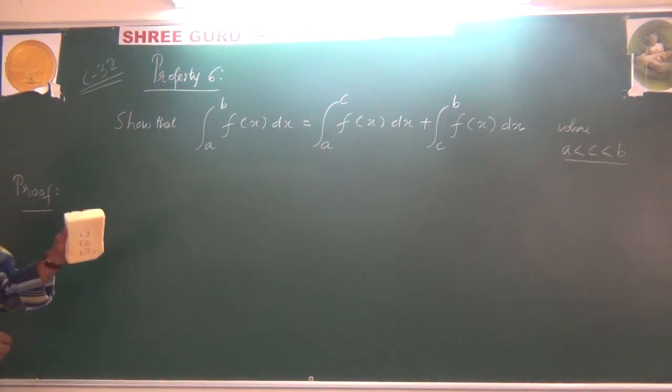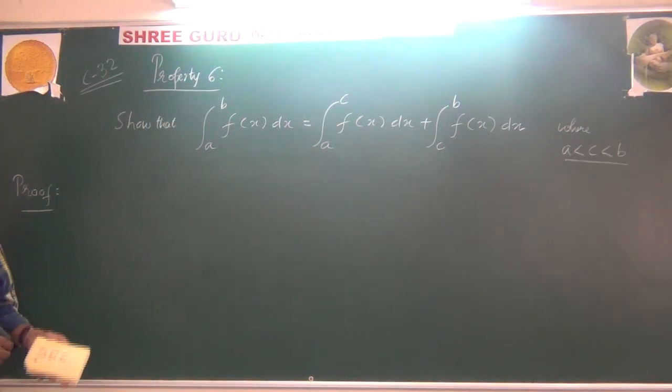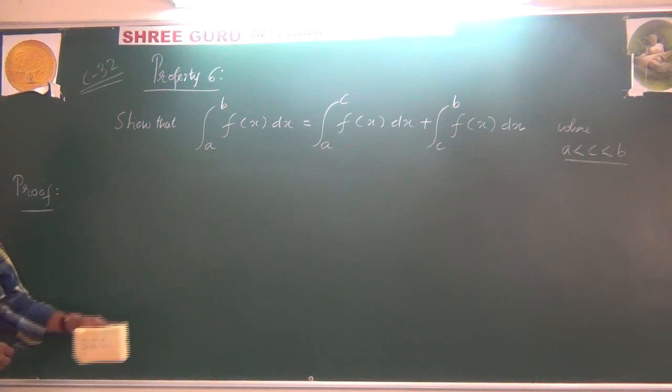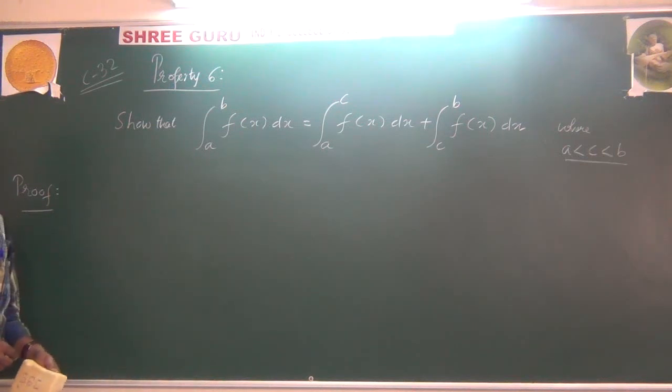Here we shall take the right hand side. We apply the definition of definite integrals and we simplify to get the left hand side. We start from the definition of definite integrals.